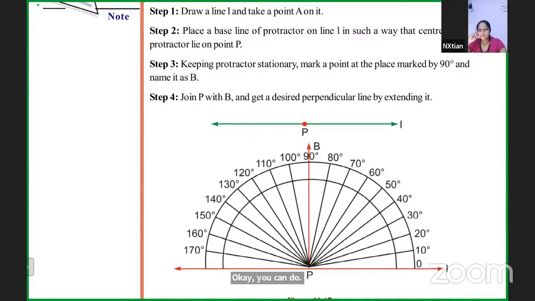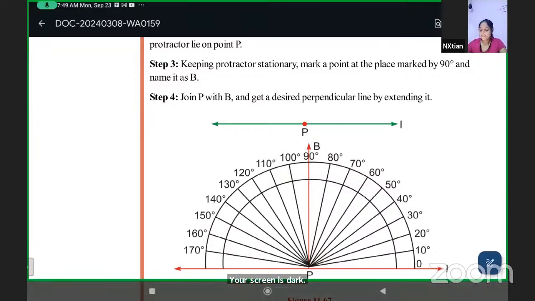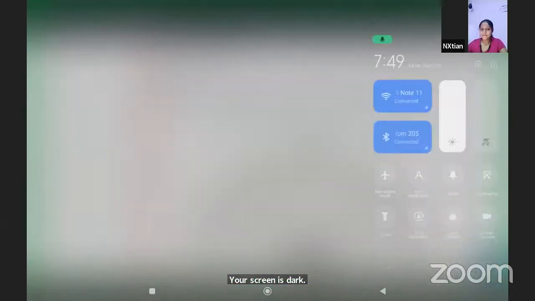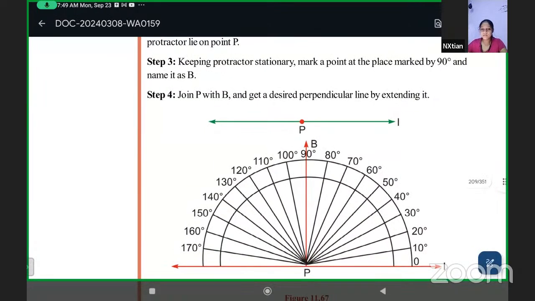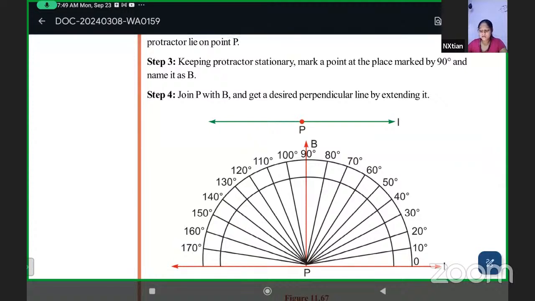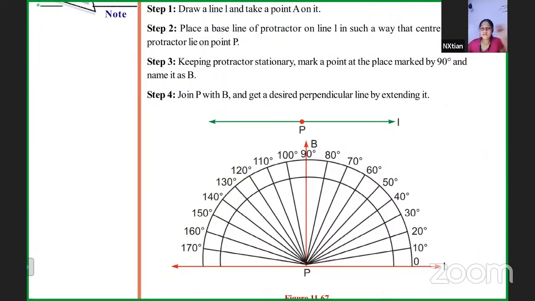Your screen is dark. My screen is dark. Little better now? Okay, now it is normal.